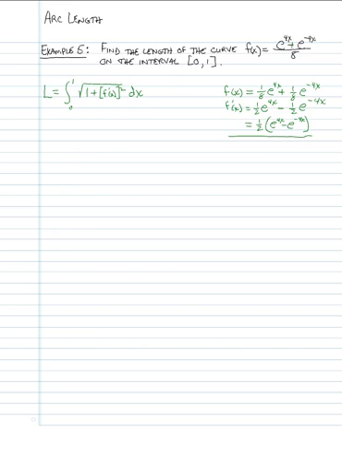So here we have now the integral from 0 to 1 of the square root of 1 plus this derivative squared. Now, the derivative is 1/2 times e to the 4x minus e to the negative 4x.